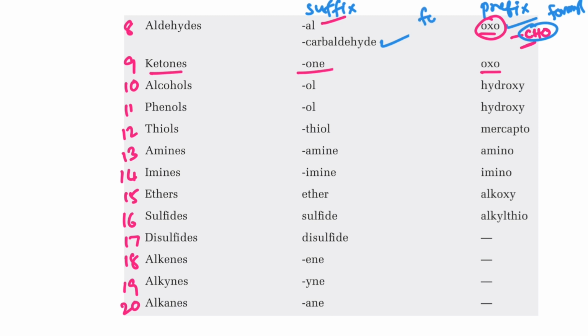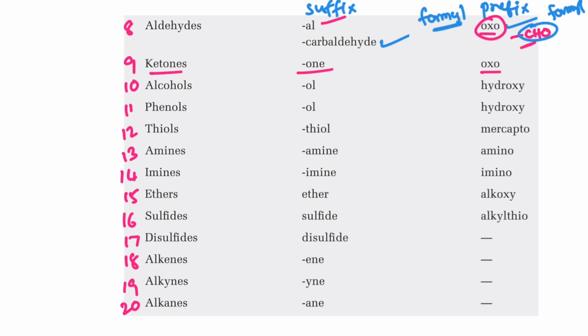Once again I am writing formyl. When the carbon is not counted in the prefix name, use formyl; when that carbon is counted, then you have to use oxo. That is very important. Keep in mind, everyone generally gets confused about whether to use formyl or oxo. That is one of the most important things.